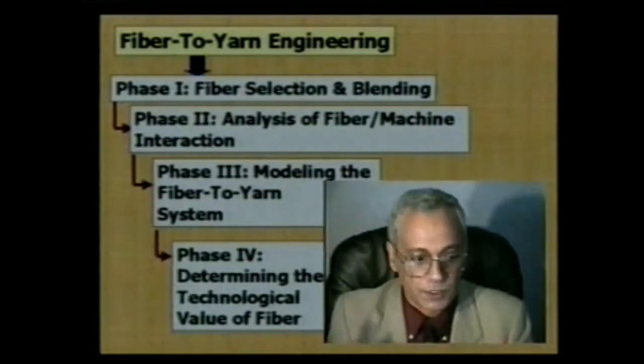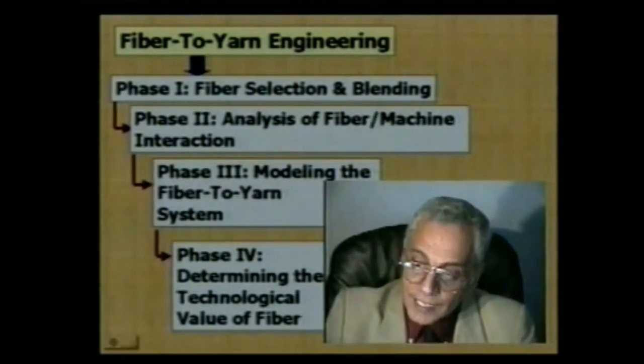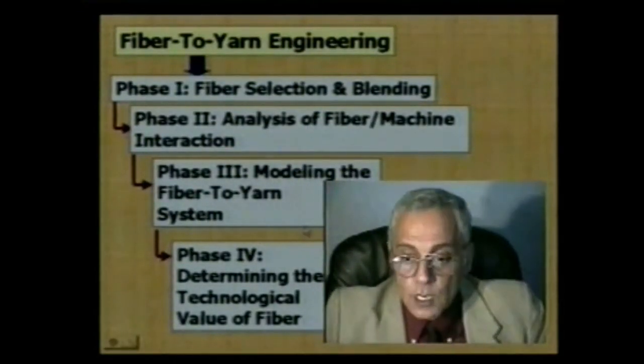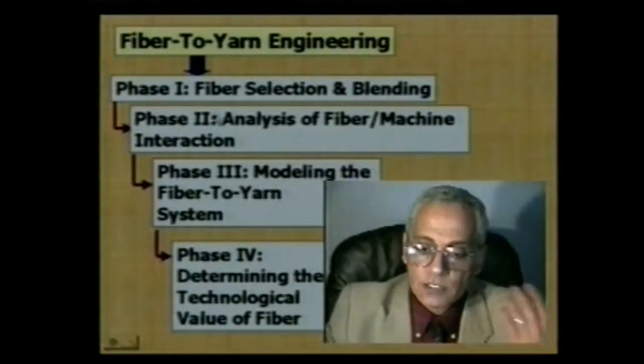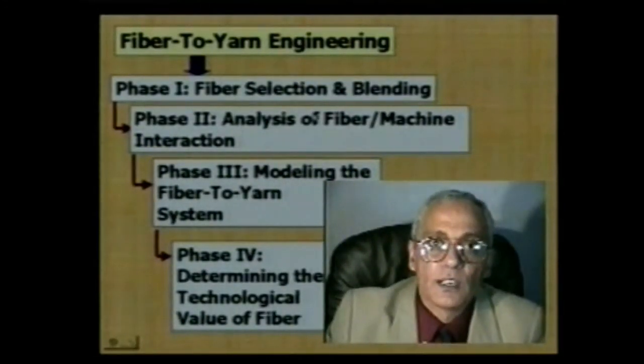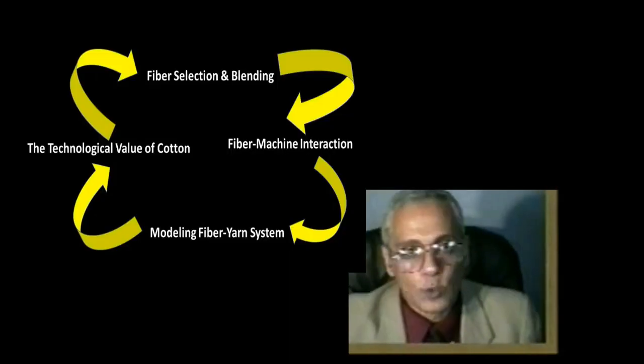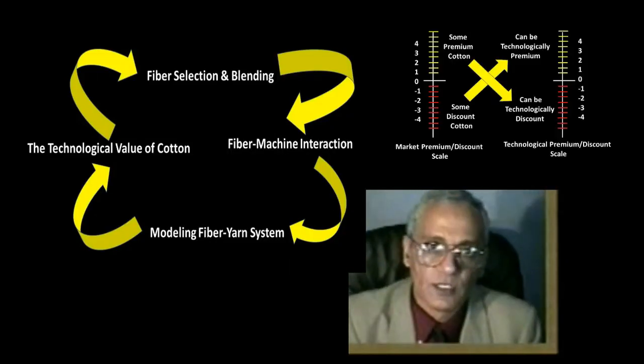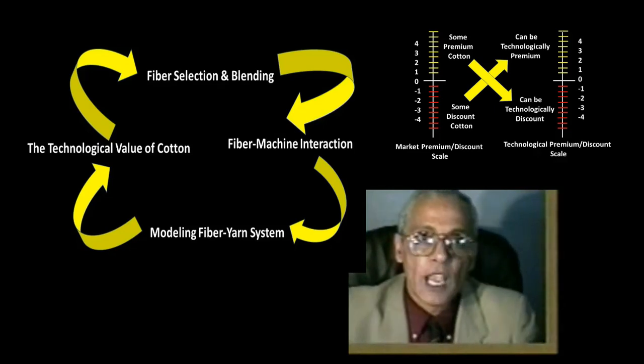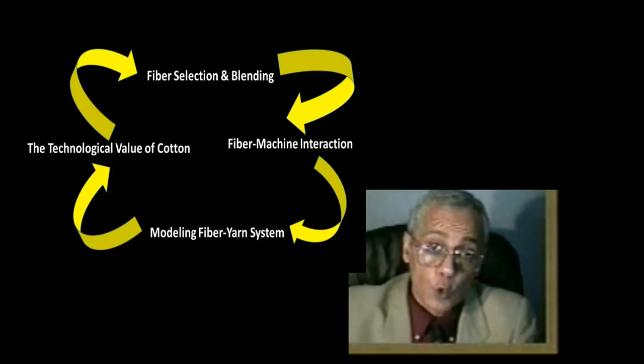So this is the ultimate goal. In the initial process we have to go in this order, but ultimately as we entertain each phase, the four phases will interact with one another. We'll have to integrate all these phases together to perform an optimum quality-cost ratio.